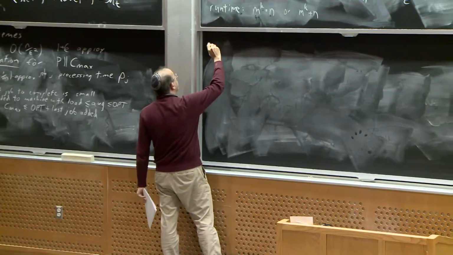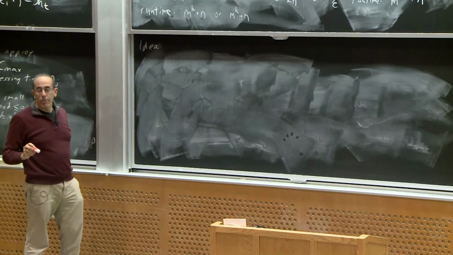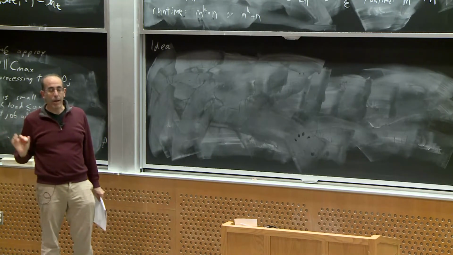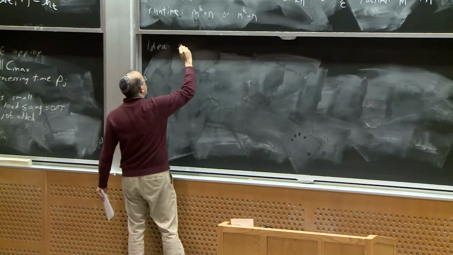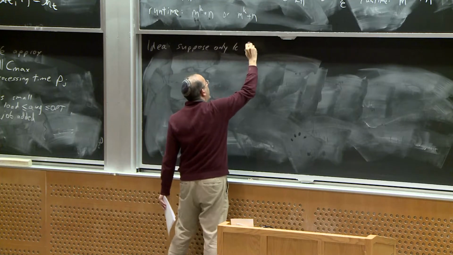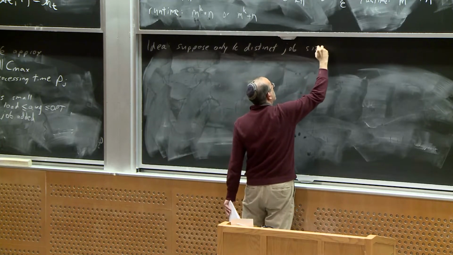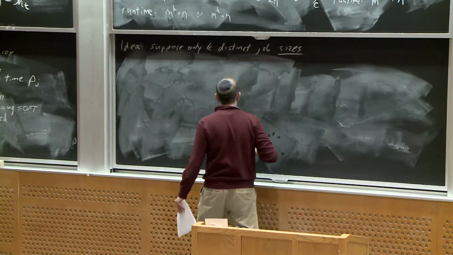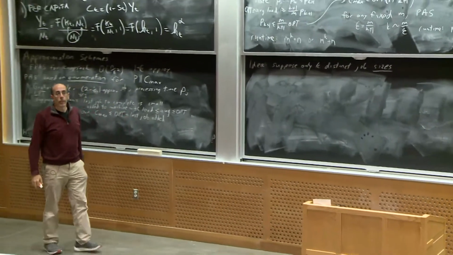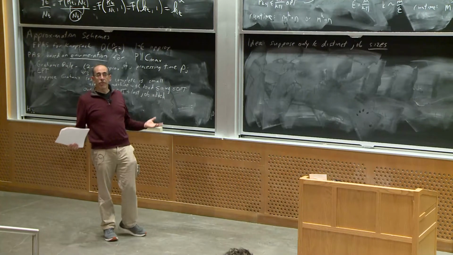So the next idea is, instead of just thinking about the k large jobs as the thing that matters, suppose that there are only k distinct job sizes. Okay? So we're going to figure out how to brute force this situation.